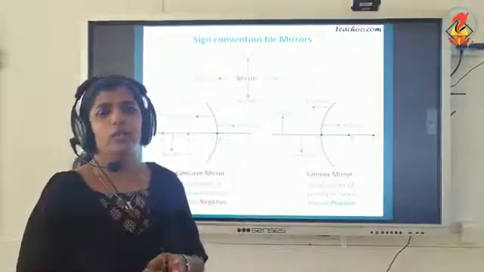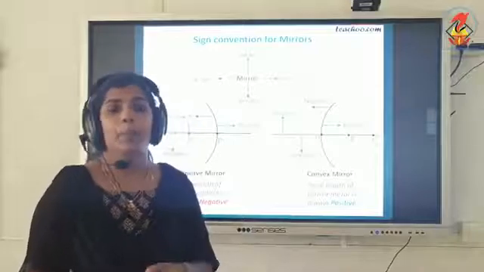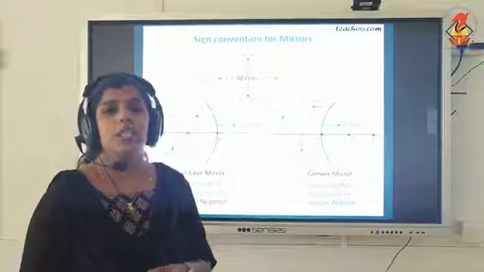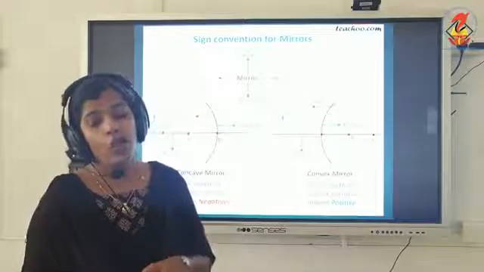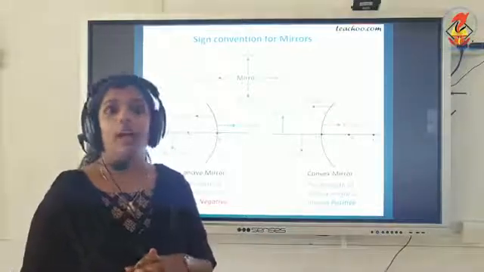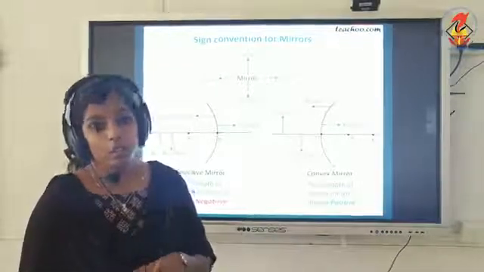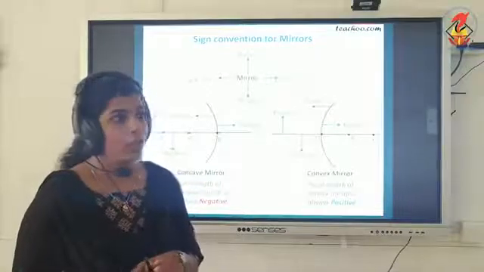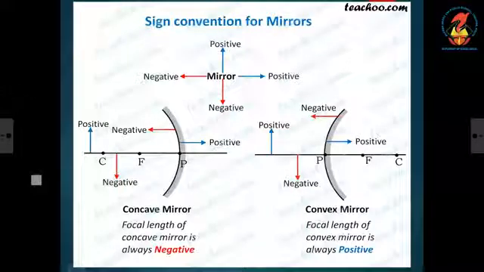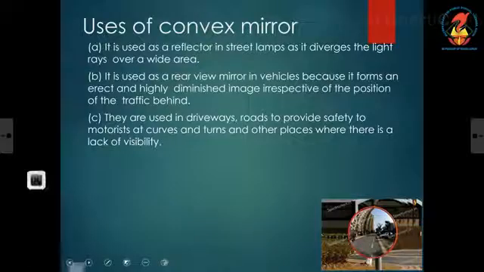According to those rules, we will assign positive and negative signs for object distance, image distance, focal length of concave and convex mirrors, height of the image, and height of the object. According to these rules, we will assign the value, whether it is positive or negative. So, you know graph, basic graph, you know.